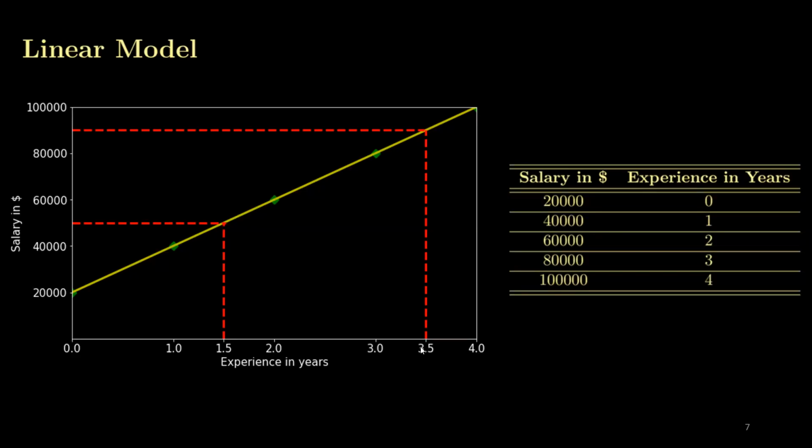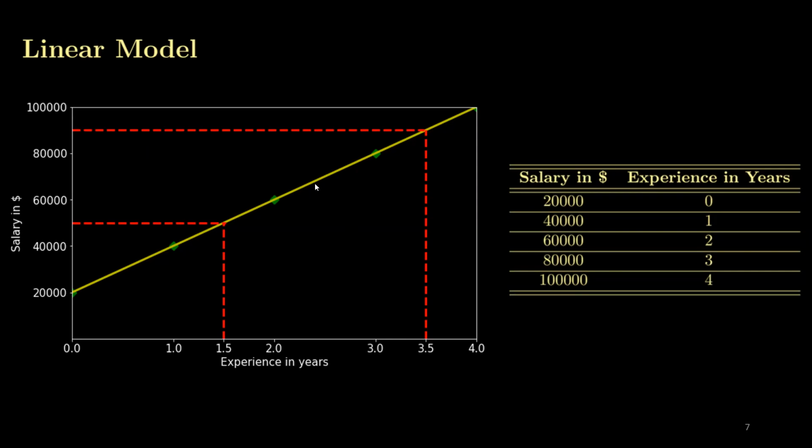So this is my testing point. When I give this input, it gives me the prediction. We can see that it is suggesting that the salary of the candidate whose experience is 3.5 years should be equal to $90,000.